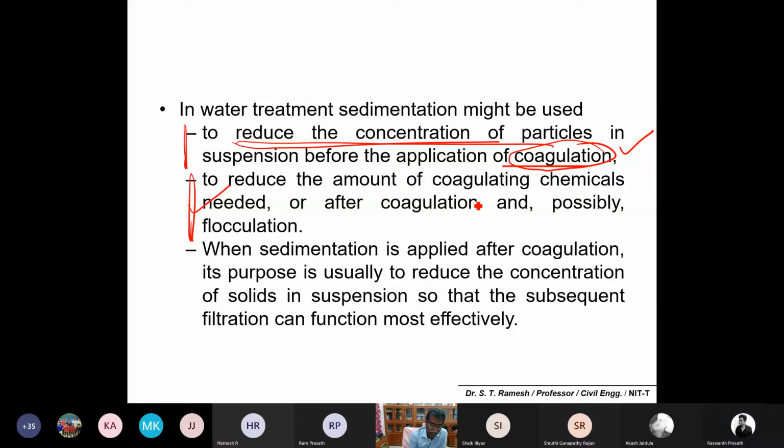Normally sedimentation after flocculation helps you to separate the chemical floc. When sedimentation is applied after coagulation, its purpose is usually to reduce the concentration of solids in suspension so that the subsequent filtration can function more effectively.